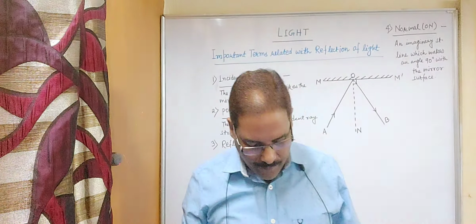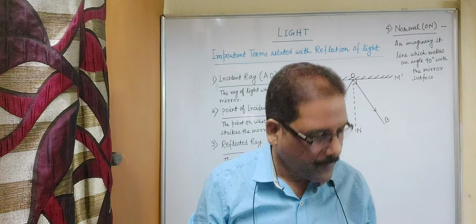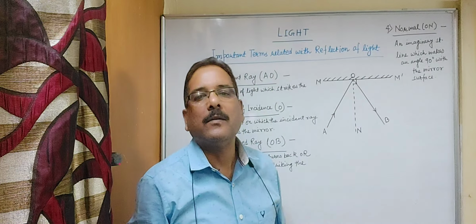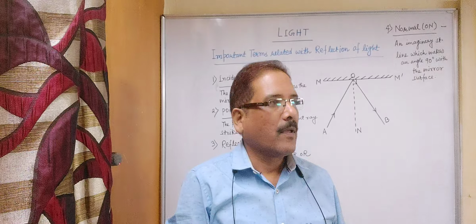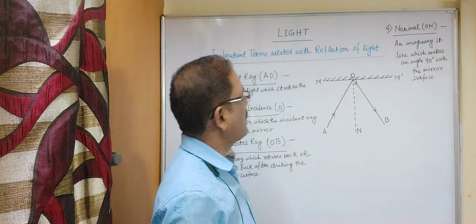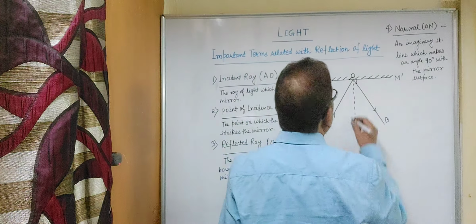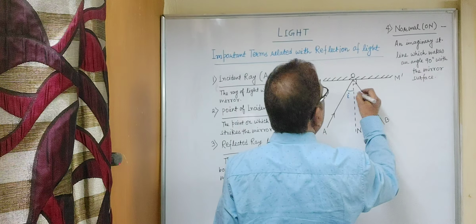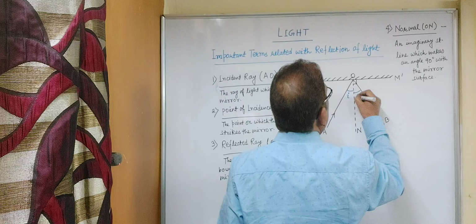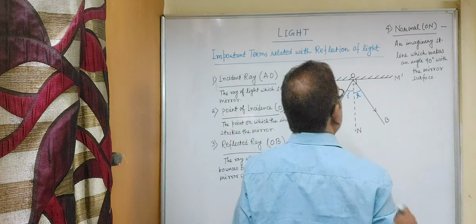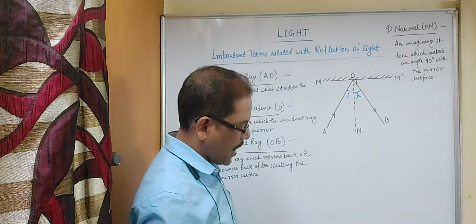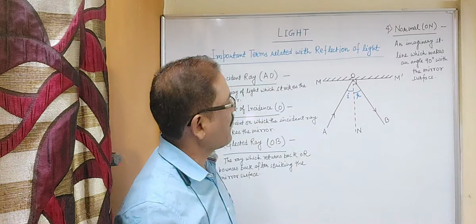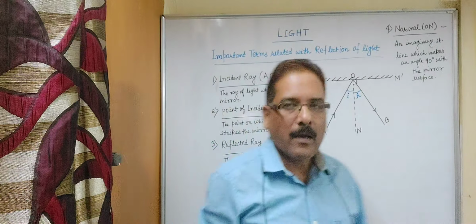Then two more important terms are left, and these terms are angle of incidence and angle of reflection, small i and small r.